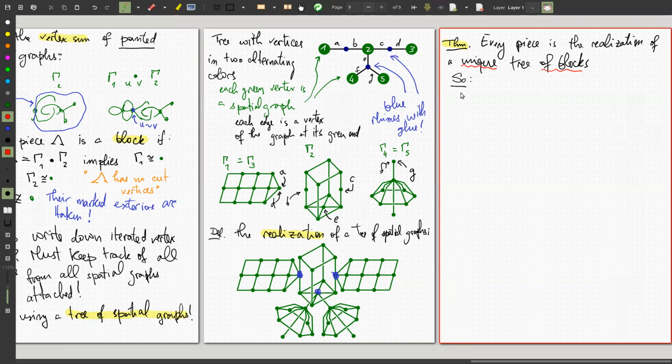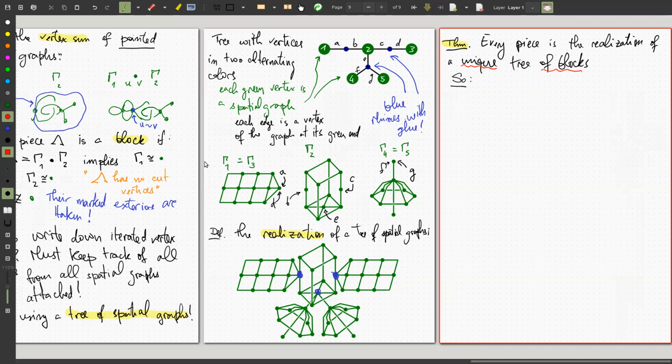If you give me 2 pieces and you ask me, are they isomorphic? What I can now do, and this can be done algorithmically, is express both of them as realizations of trees of blocks, and then compare the blocks to see if they are pairwise isomorphic. I have to be a bit careful. I need to do a bit more, because I have to check that if I find isomorphisms, they send the vertices to the correct ones, respecting the combinatorics that the tree specifies.